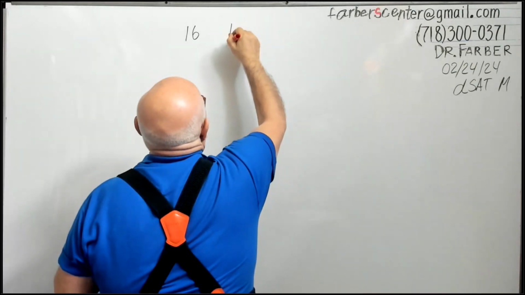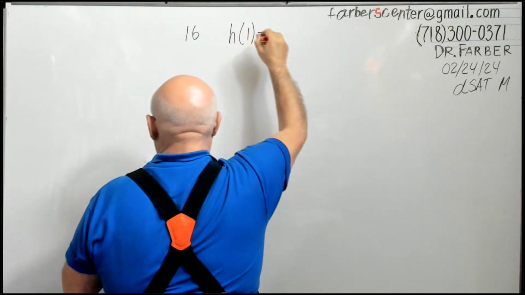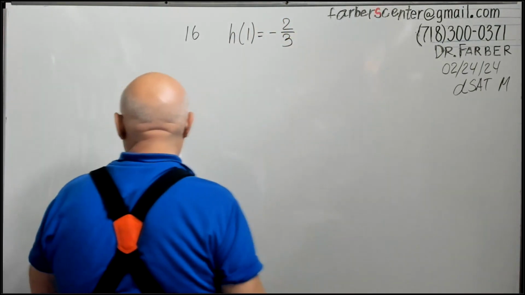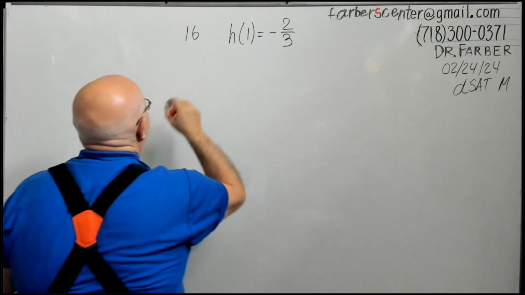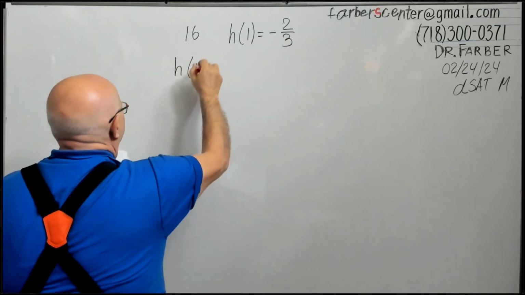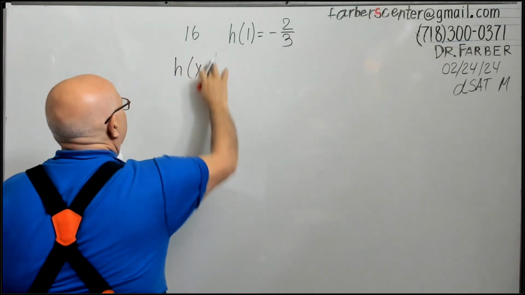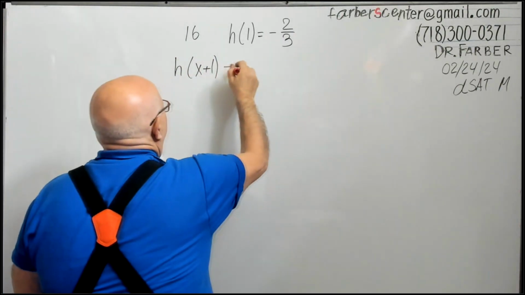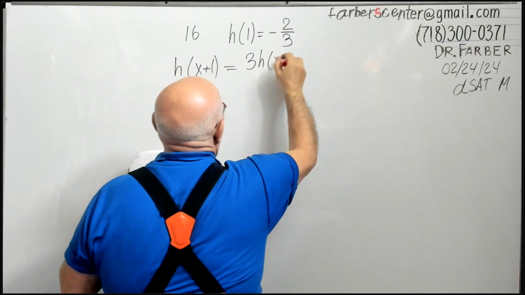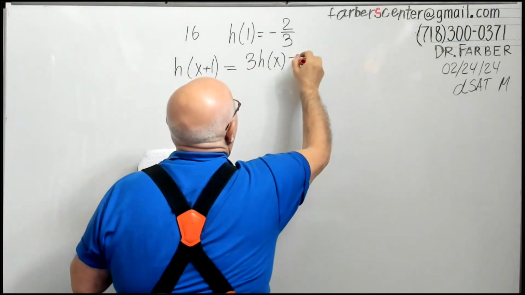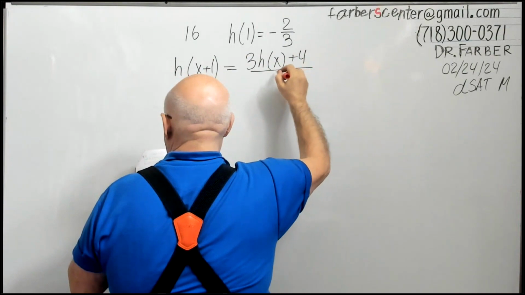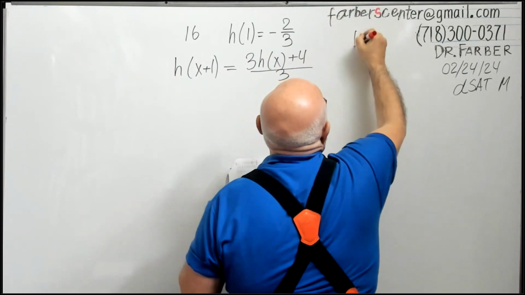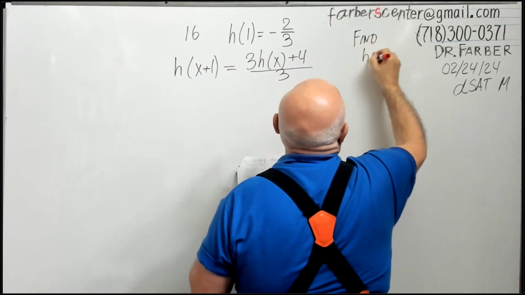You have h of 1 equals -2/3, and given that h of x plus 1 equals 3h of x plus 4/3. Find h of 3.